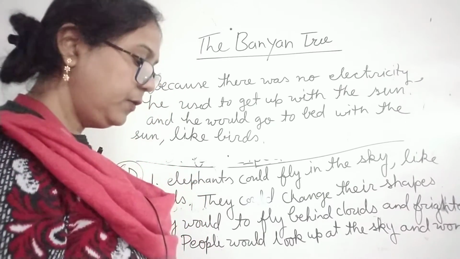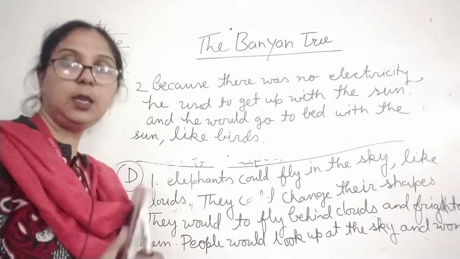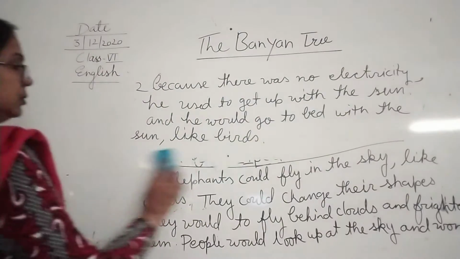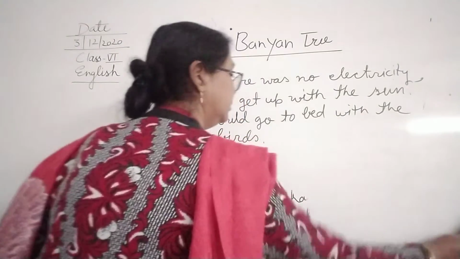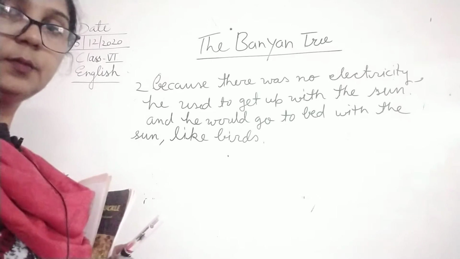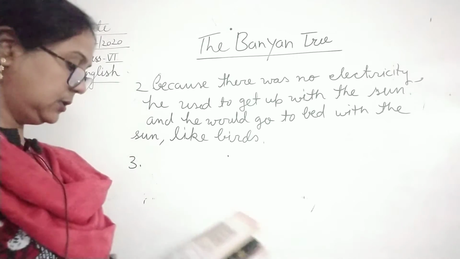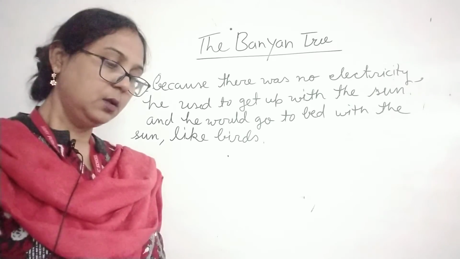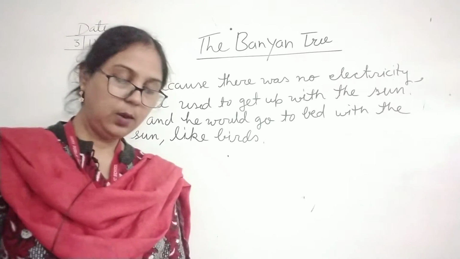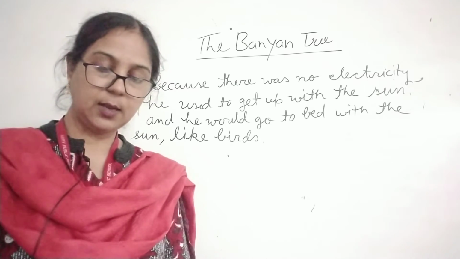So now we are moving to next number, that is number 3. We are going to do next number. So children, number 3. Number 3 is, like the owl, he was able to see quite well in the dark.